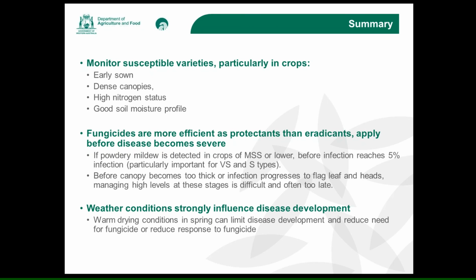And if it's starting to develop up the canopy, then certainly that's an indication that it's worth thinking about providing some protection. And also before the canopy becomes too thick or we're starting to lose flag leaf area, certainly is a time to think about acting.